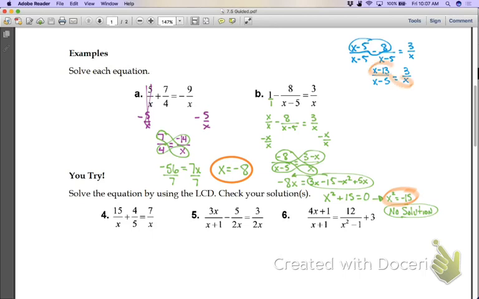Cross multiply. Whenever I do, I get x squared minus 13x equals 3x minus 15.